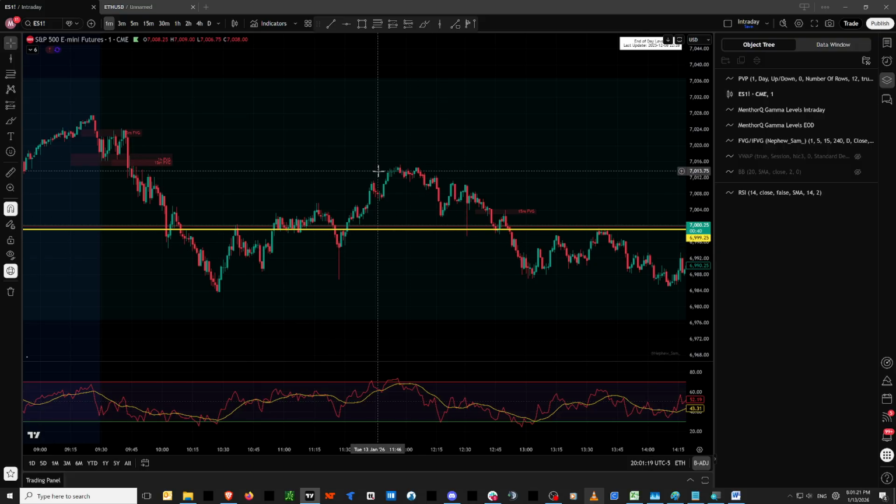The only thing the ICT tells you is that it's supposed to turn and reverse somewhere inside that fair value gap. That's all it tells you. How far it goes from there is based on the measured move. All right, so that is the measured move, big candles, ICT.